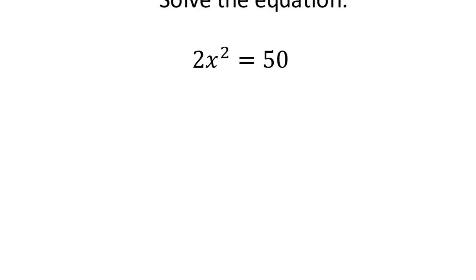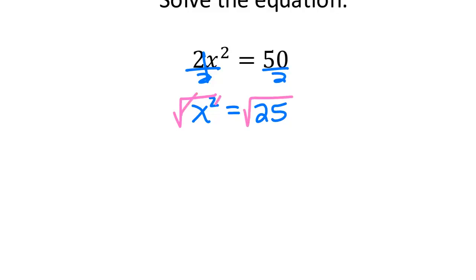You guys need to divide by 2 first. And then we get x squared equals, what's 50 divided by 2? And then how do I get rid of a square? Square root both sides. So those cancel. And I get x equals, what do you do every time you have the square root?